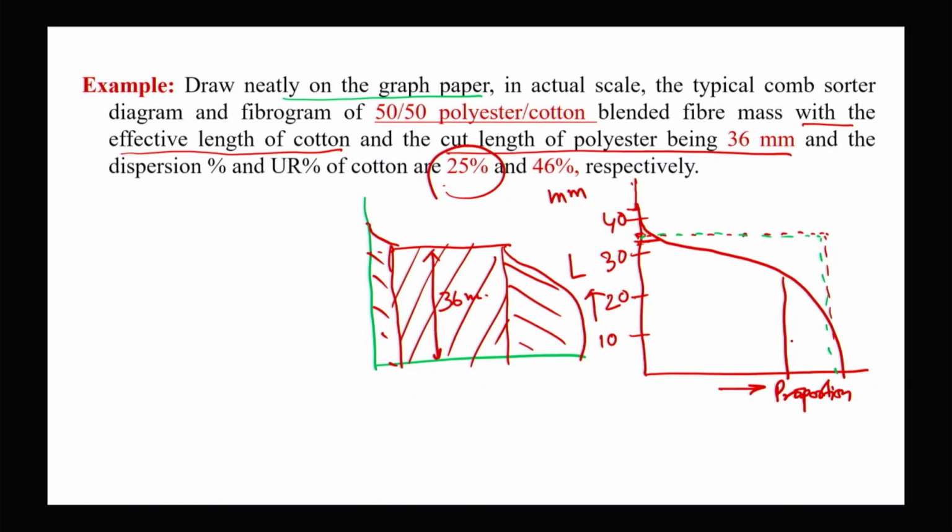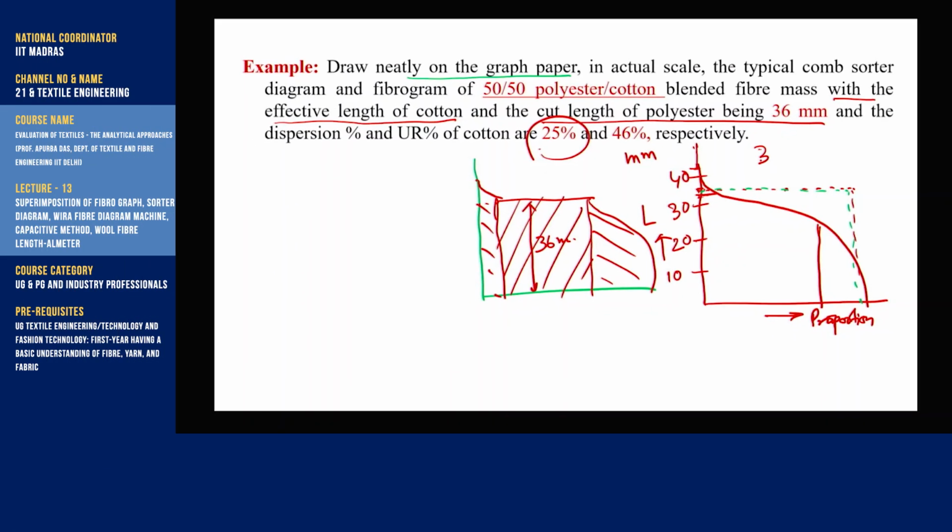So this is the lower quartile part. So effective length 36 minus lower quartile, divided by 36, times 100, equal to 25. So we can calculate the lower quartile.